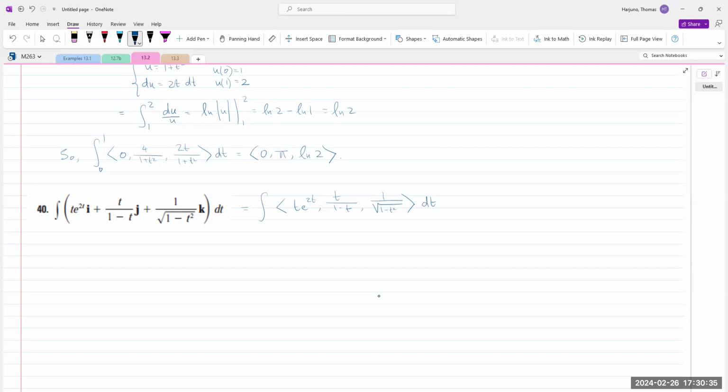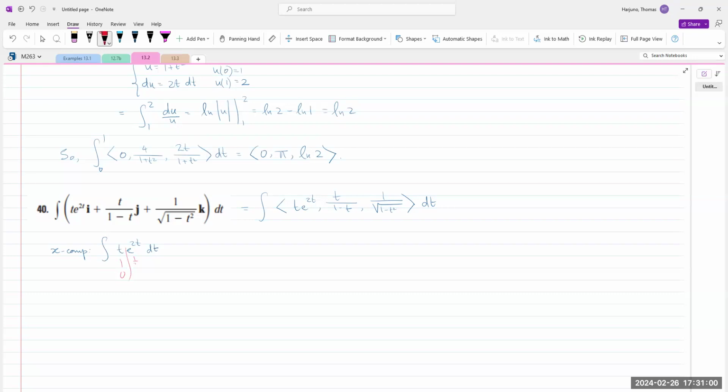So for the x component, what is the integral of t e to the 2t dt? We do integration by parts, right? I wonder if you remember how to do integration by parts by table, if your Calculus 2 instructor taught you. If not, you figure it out. Otherwise, you just do it the long way.